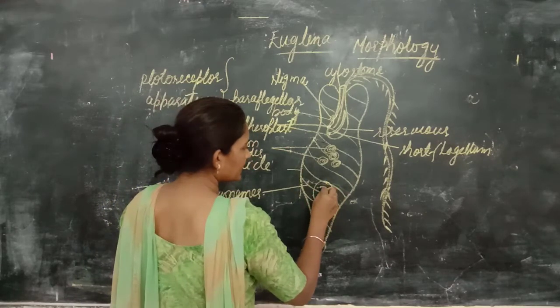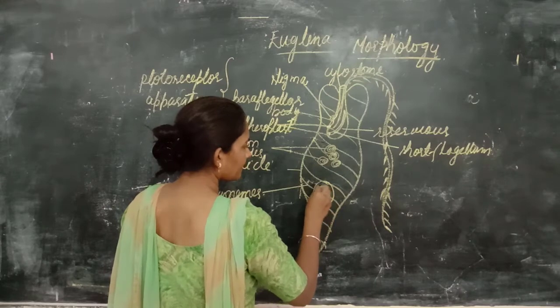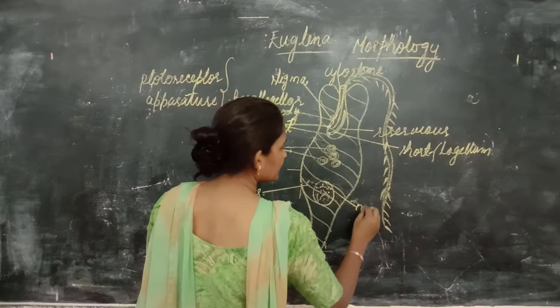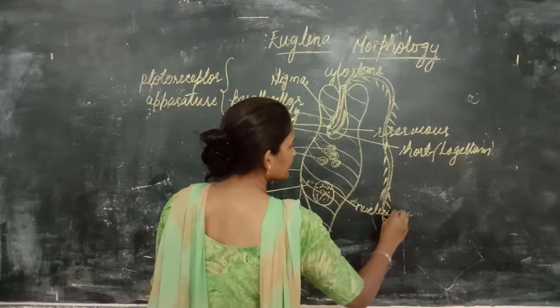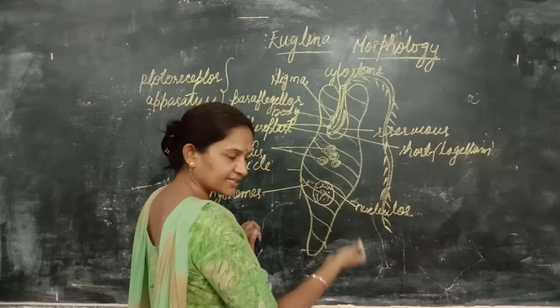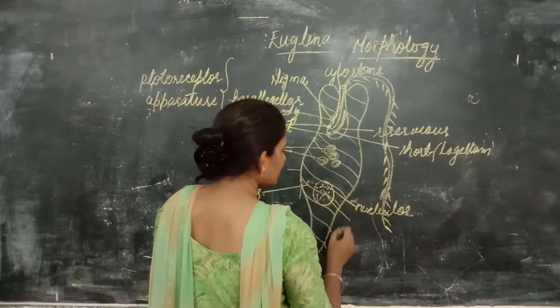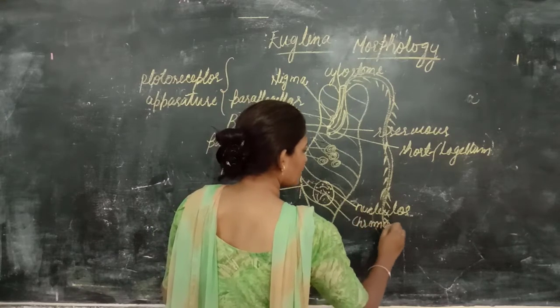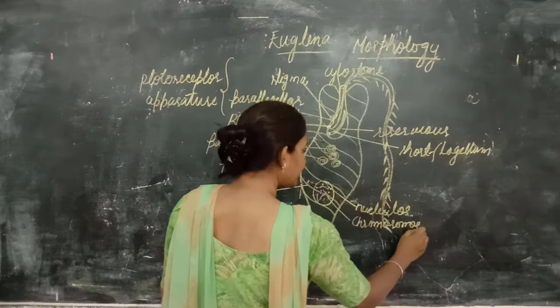In this nucleus, this is the nucleolus. As you all know, this is the site of the synthesis of ribosomes. These are chromosomes, the hereditary material.